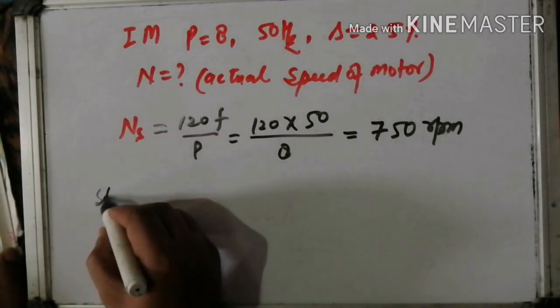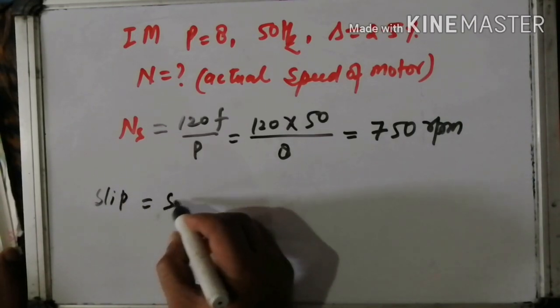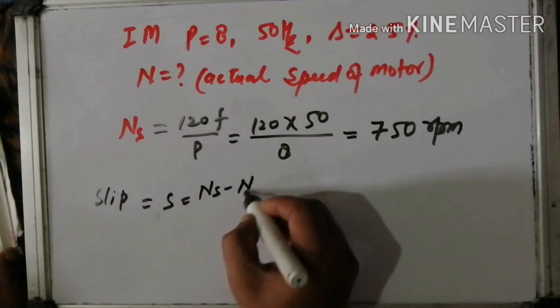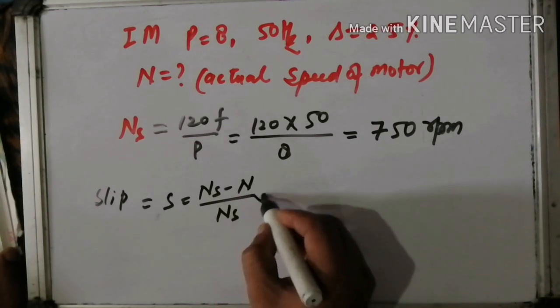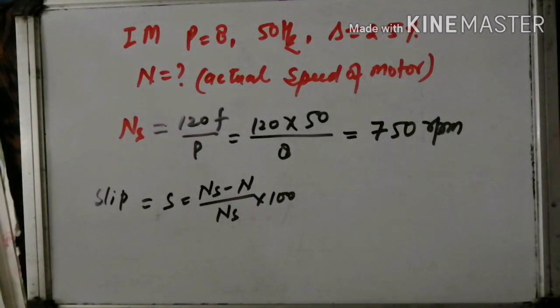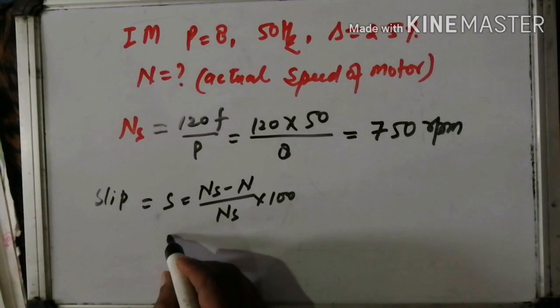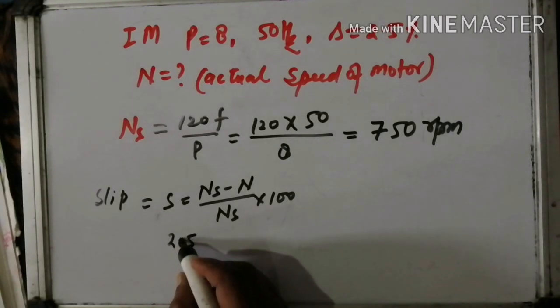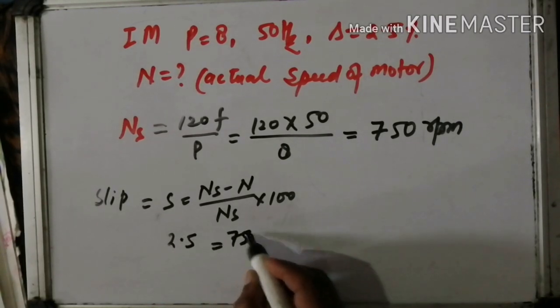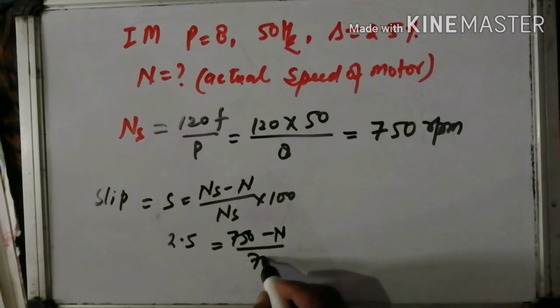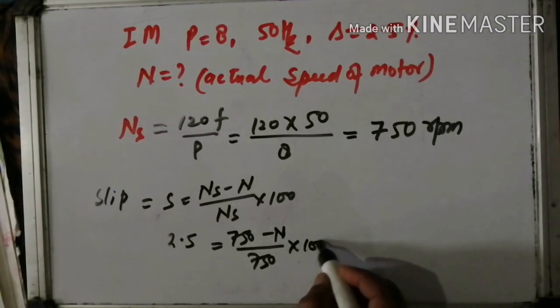Formula of slip, that is S = (Ns minus N) divided by Ns into 100. 2.5 = (750 minus N) divided by 750 into 100.